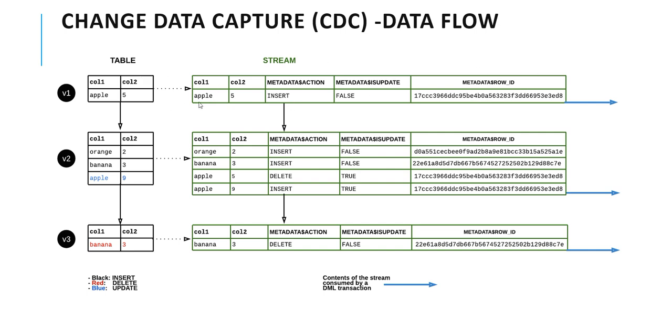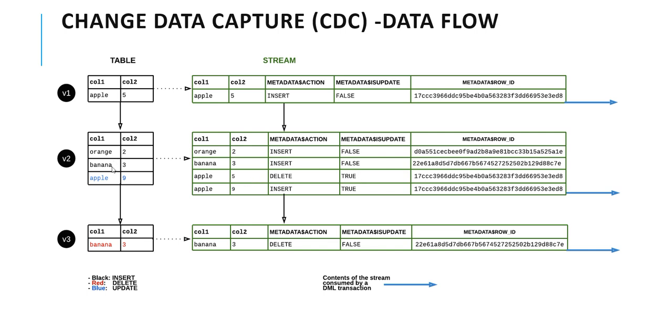The first record is inserted, so the action is insert, and there is no update, so it shows false. The second time apple is repeated, so it shows an insert for the new value and a delete for the previous old value.